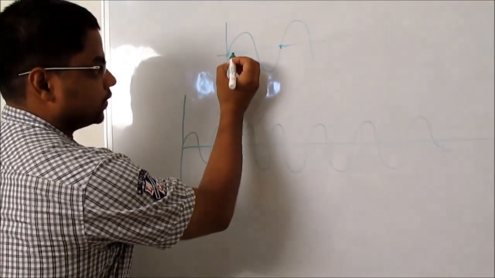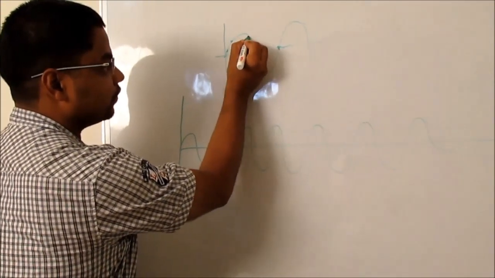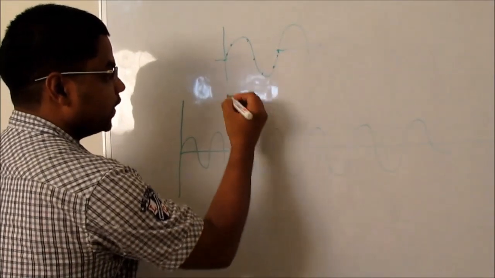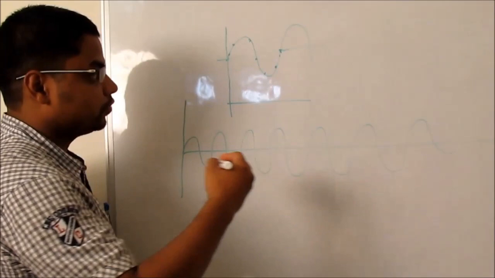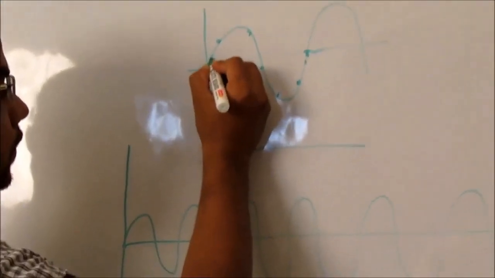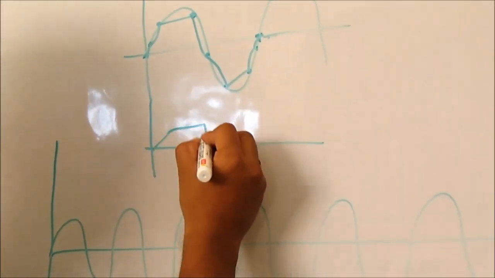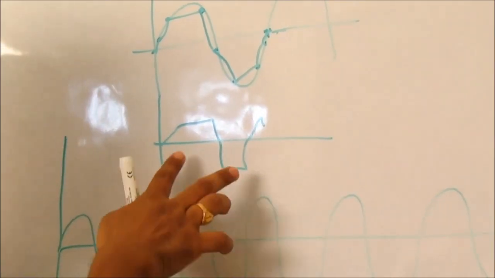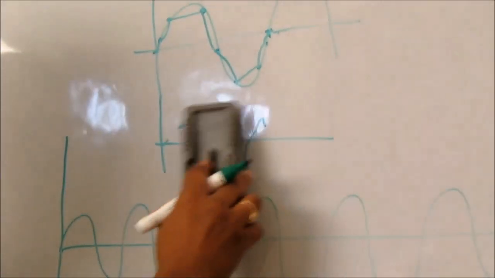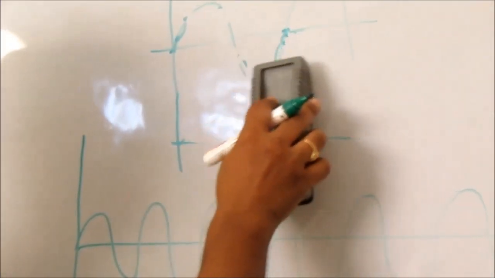Suppose I have only 10 samples of this waveform, like this. Then if I reconstruct it, this is the signal I get. This is in no way a representation of this sine wave. So we have to take at least 100 samples to properly represent this waveform.